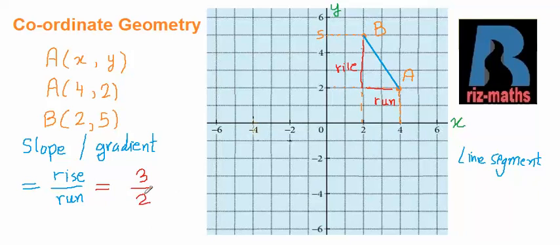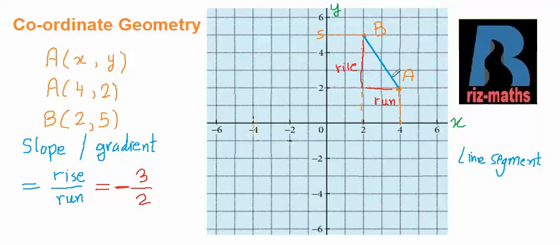So 3 over 2. And if the line is going downwards, then the slope will be negative. So here we put a negative sign.